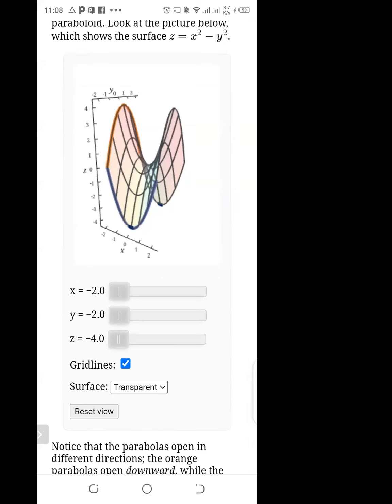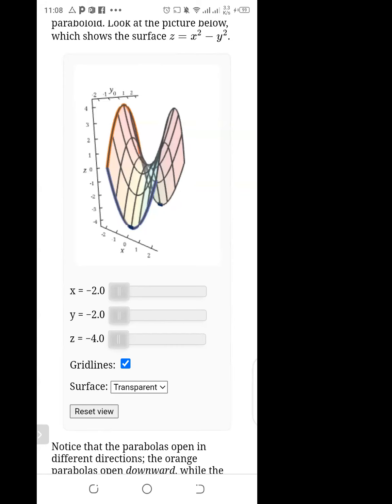So this is a hyperbolic paraboloid. It has the equation Z is equal to x squared minus y squared. So if you relate it to the general equation, then your A is 1, your B is 1, and your C is 1. Okay, so let's see if we can do another view.